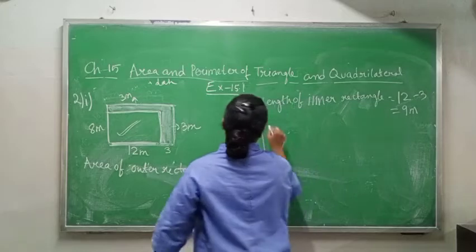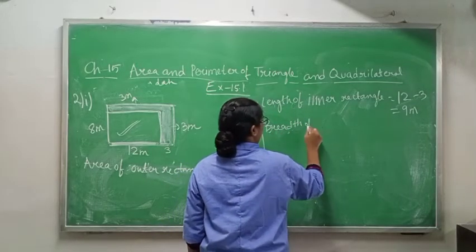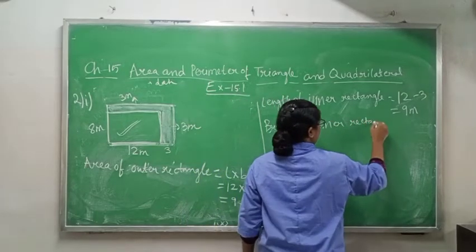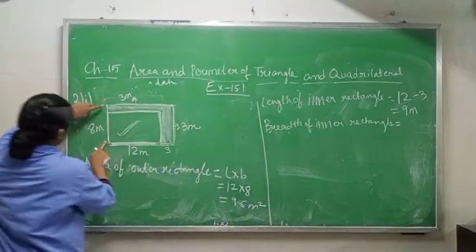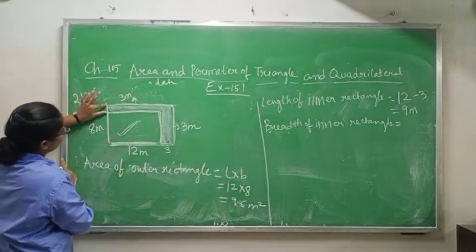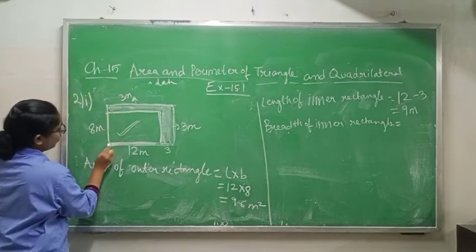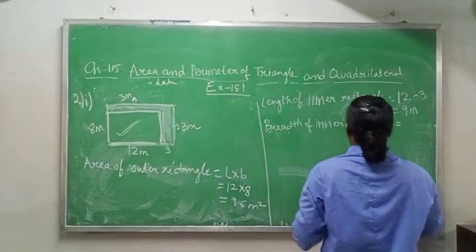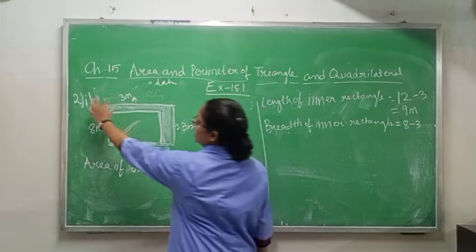Same for breadth we will do. Breadth of inner rectangle equals, now you can see total breadth is 8. If you remove this one, you will get from this point up to this point. So what you will write? Breadth of inner rectangle is 8 minus 3, because this portion is 3 only.